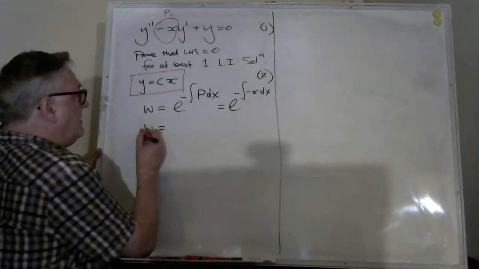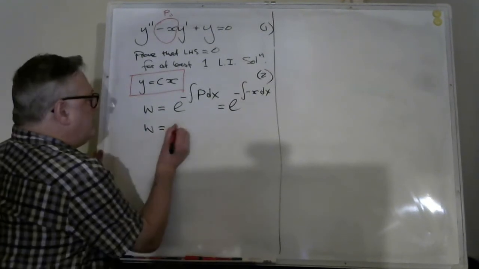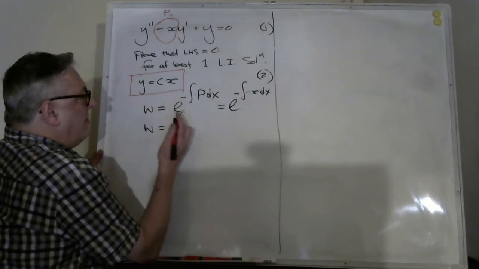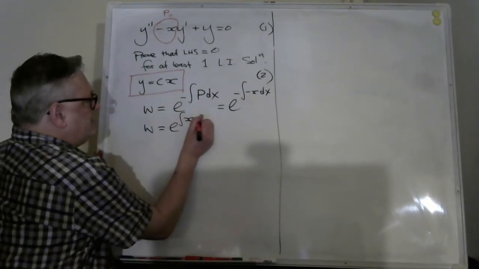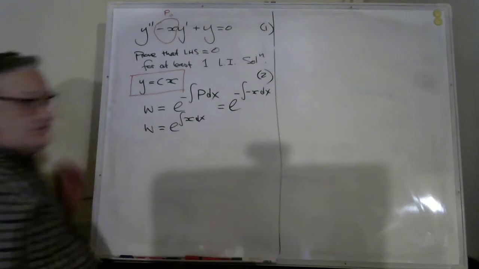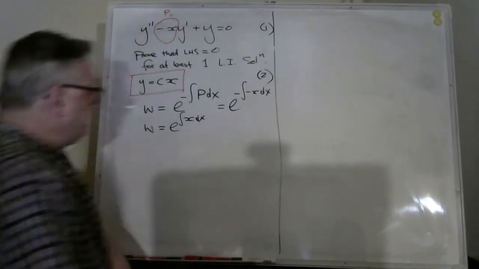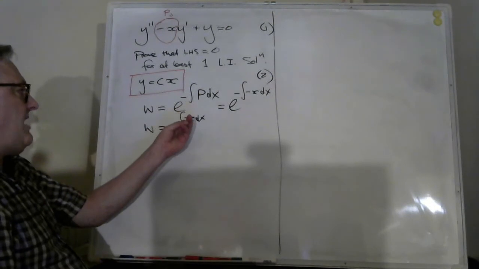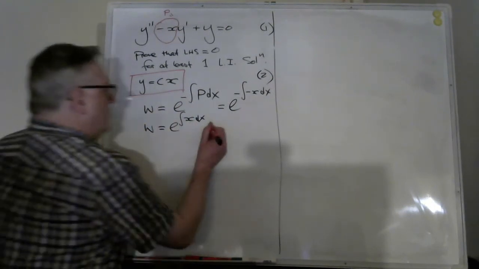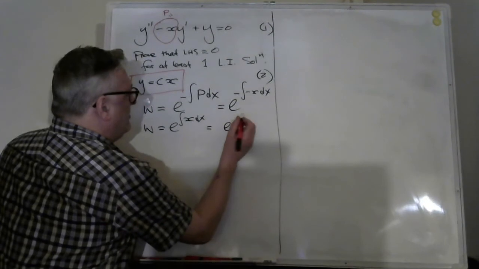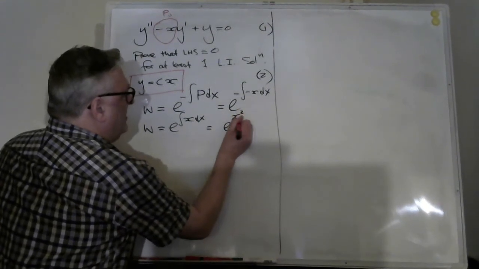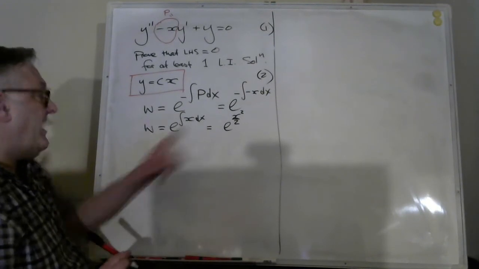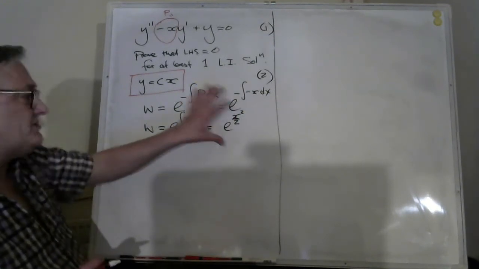So the Wronskian is equal to e to the power of the integral of x dx, right? So what do we get if we integrate x dx? Well, we get e to the x squared over 2. And that is part of our Wronskian now.